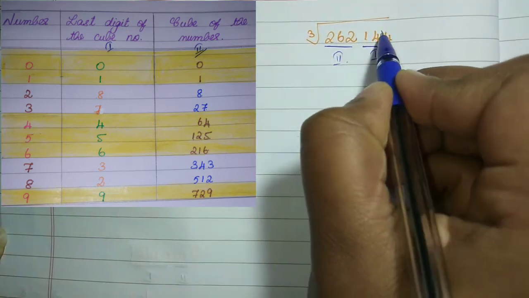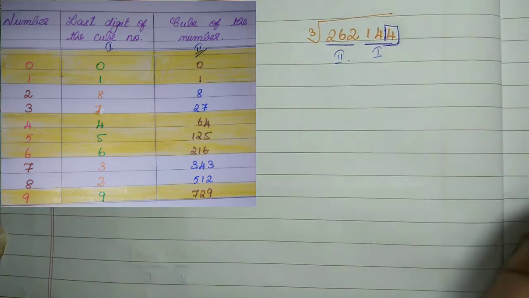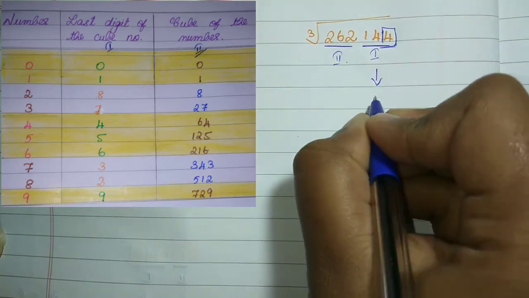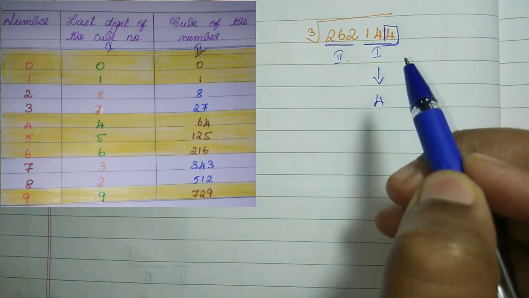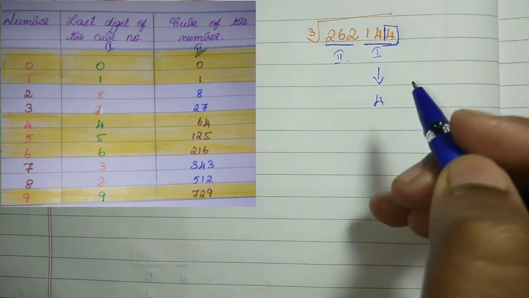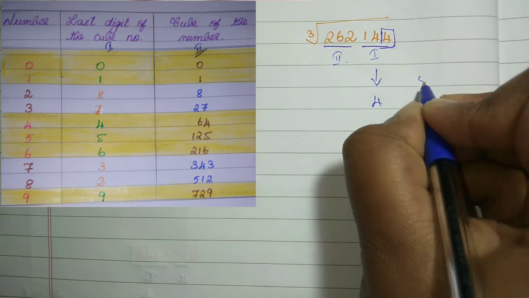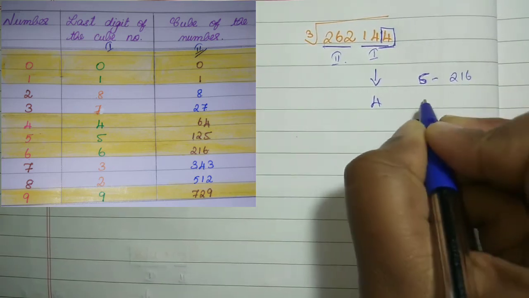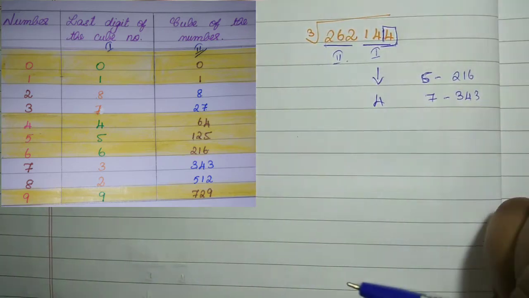So now I will be just checking the last digit of my part 1. What is the last digit of my part 1? It is 4. So 4, directly I will be writing 4 over here. 262 is there in my second part. So now I will just write the numbers here on the side. Cube of 6 is 216 and cube of 7 is 343, which is in the side table.